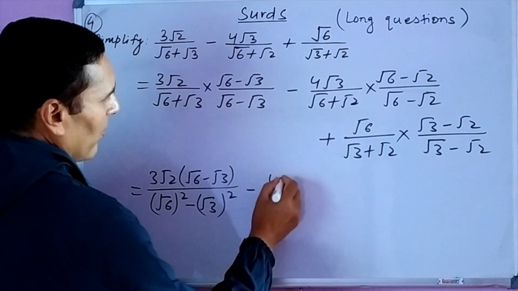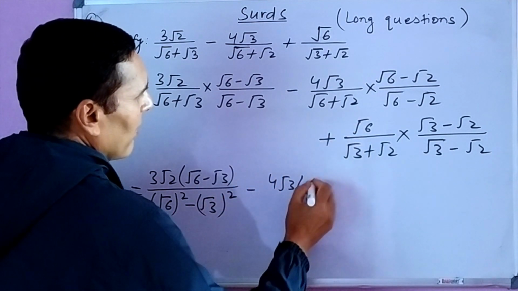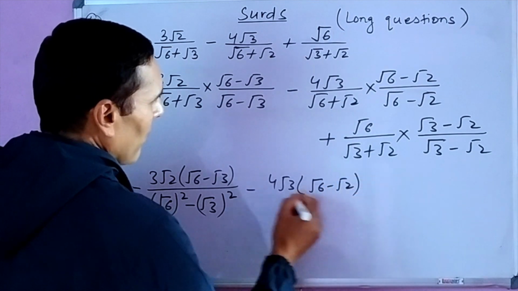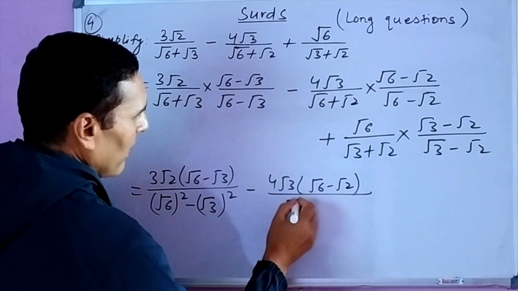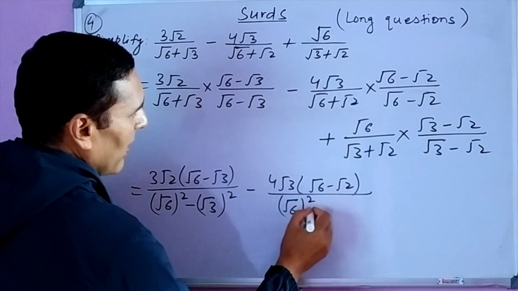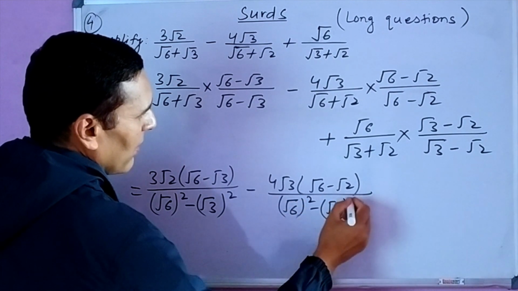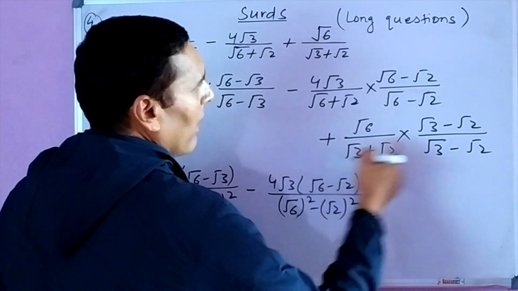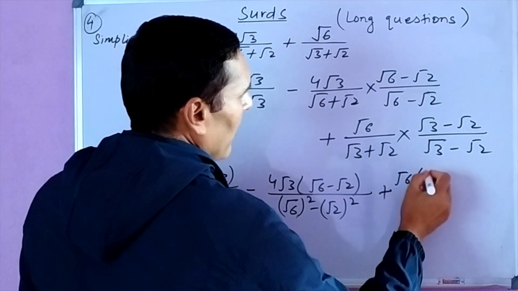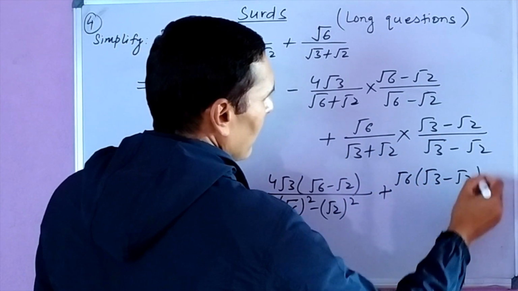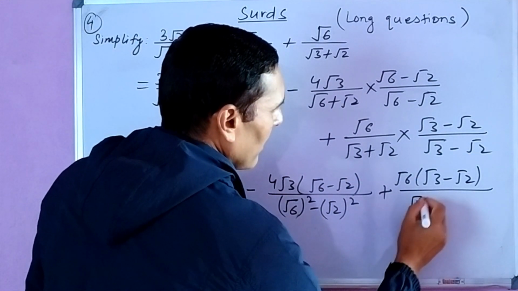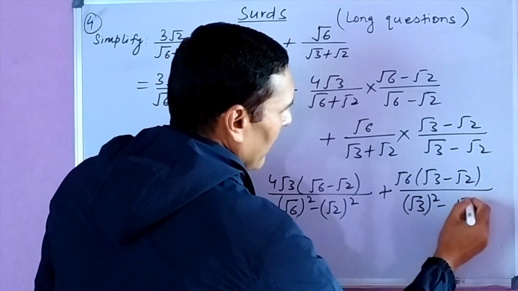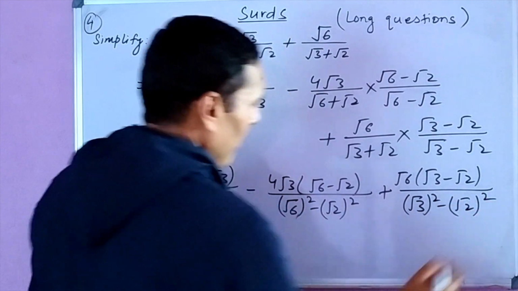Second term, 4 root 3 is multiplied with root 6 minus root 2 upon denominator a plus b, a minus b, a square minus b square. And third term, root 6 is multiplied with root 3 minus root 2 upon denominator a plus b, a minus b, a square minus b square.